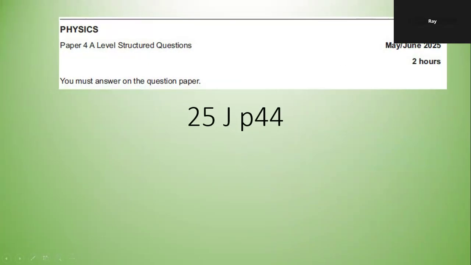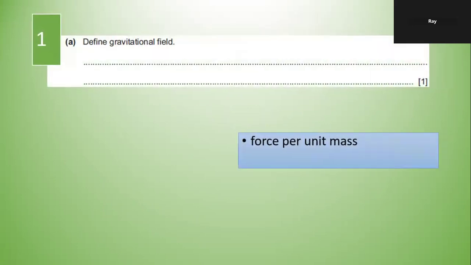We go to 2025 May/June, we are in 44. Anytime it will cut off, so I see you next Wednesday. Continue to do this paper if you haven't completed it, and then go to May and March of 2005.